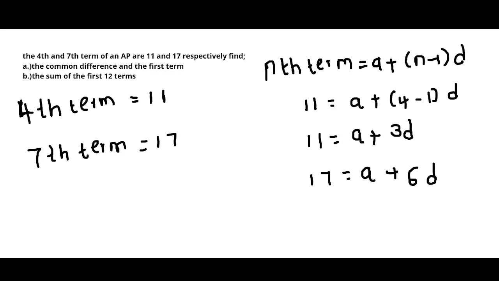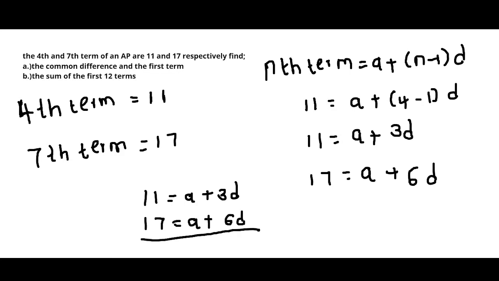So we want to find the value of a and that of d. So it will be 11 equals a plus 3d, and 17 equals a plus 6d. This a and this a cancel out, so 3 minus 6 is negative 3d, and 11 minus 17 is negative 6. So this and this become positive, so the value of d is 2. Let's try and find the value of a.